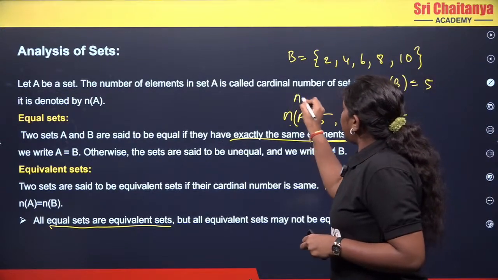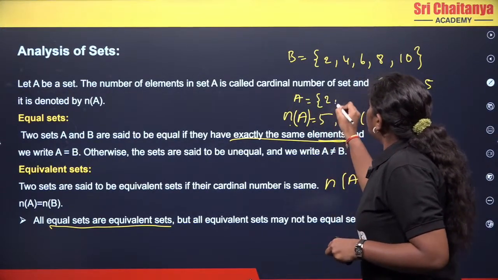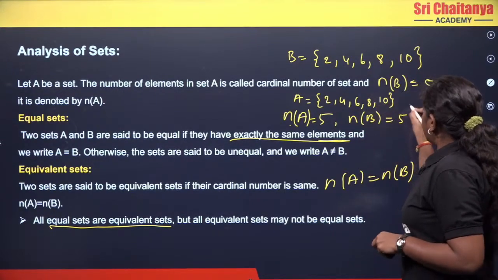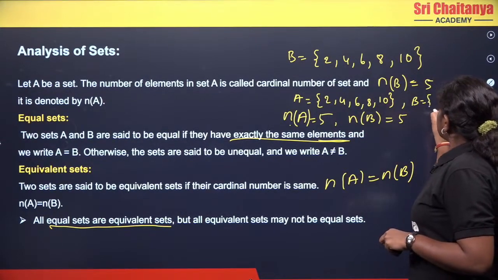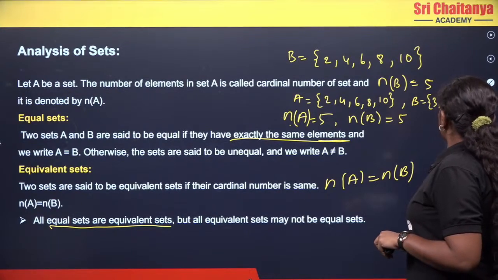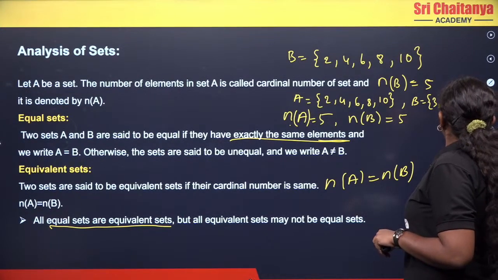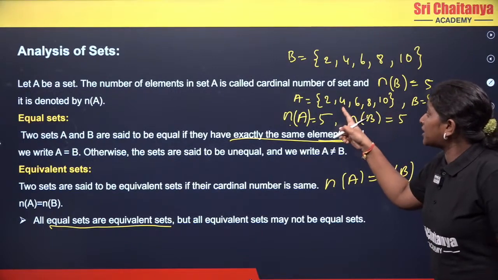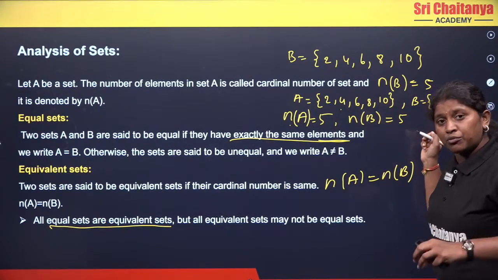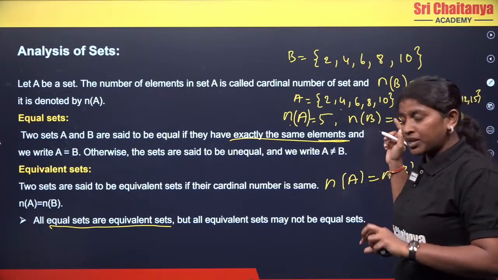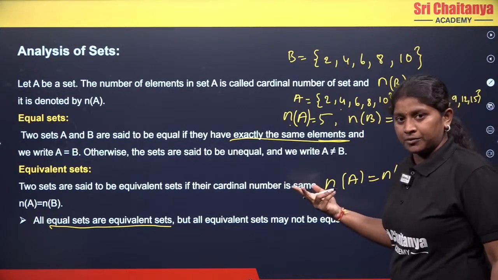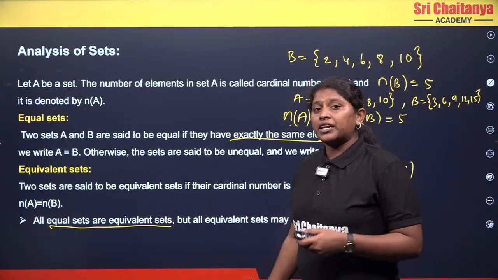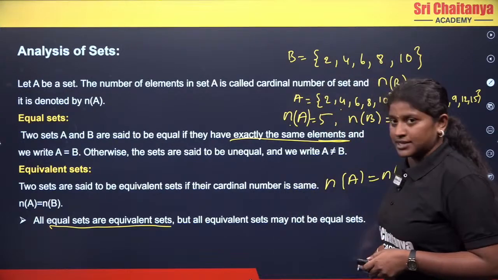But the set A is 2, 4, 6, 8 and 10. And the set B will be, consider, 3, 6, 9, 12 and 15. If you observe here, we are having the cardinal number same. It means the number of elements in both A and B are same, but the elements are different. So that's the reason all equal sets are equivalent sets, but equivalent sets are not equal sets.